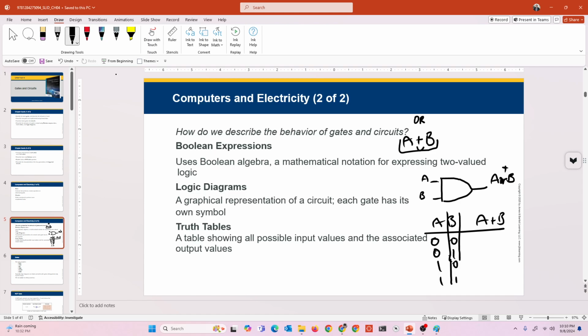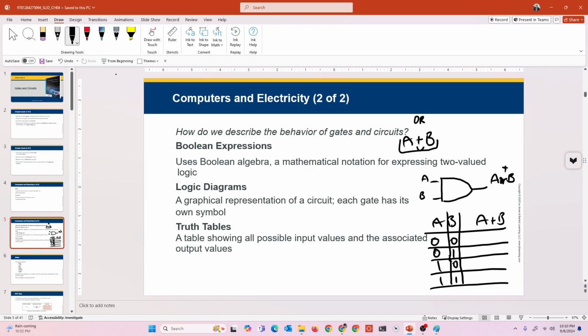These are the only combinations. That's the good thing about binary because you don't have a lot of options. The numbers you have are either 0 or 1. You don't go all the way to 9 or to millions like we have in decimal. Of course, you can represent millions in zeros and ones as well, but I'm just saying the combination between A and B. What are the possible combinations between these two?